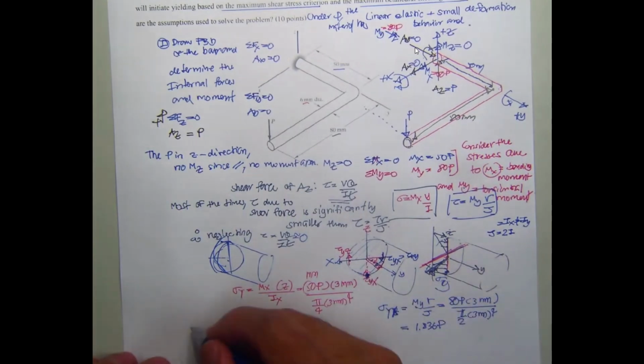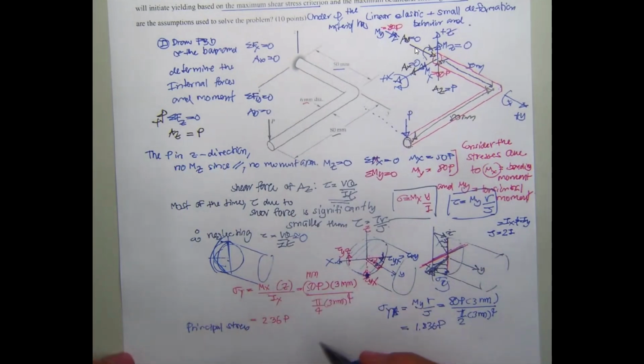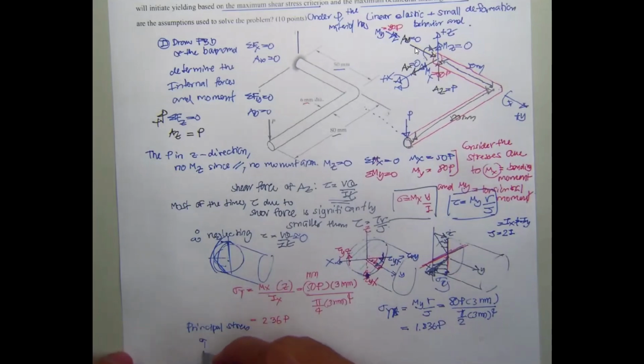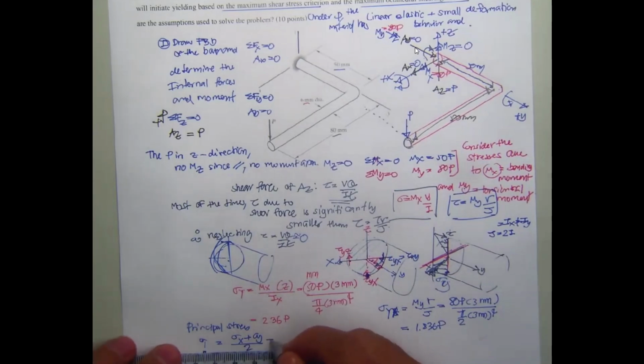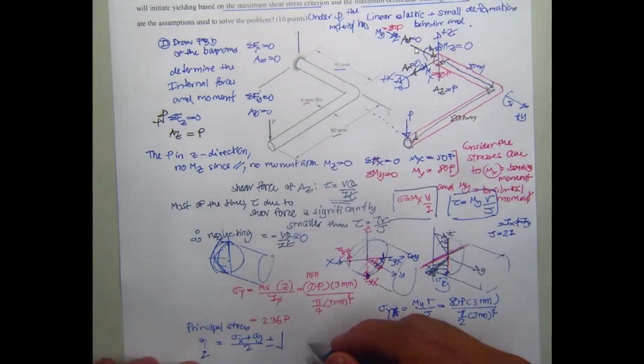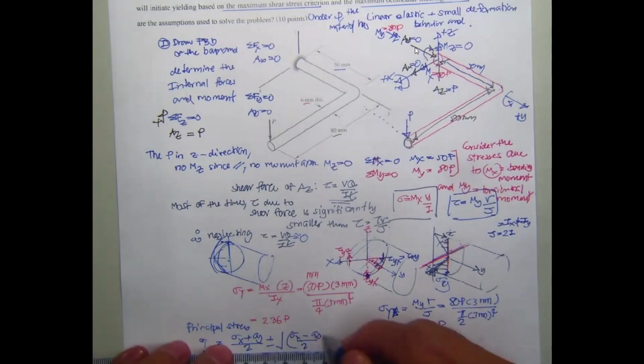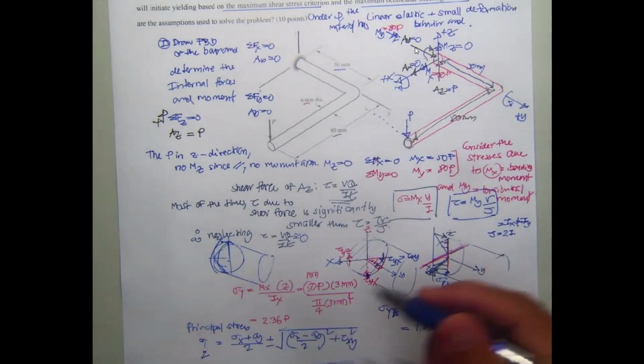So principal stress, that's sigma 1, 2, is going to be sigma x plus sigma y divided by 2, plus minus square root of sigma x minus sigma y, squared, plus tau sub xy squared.